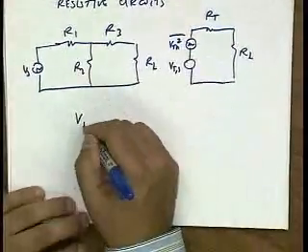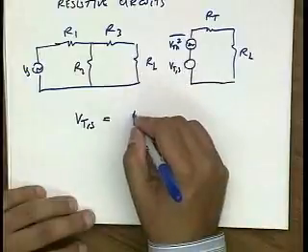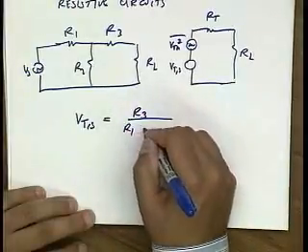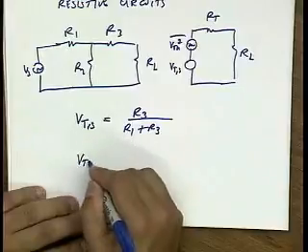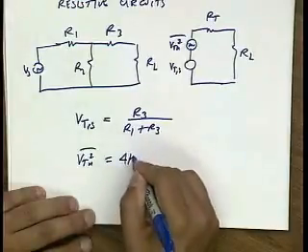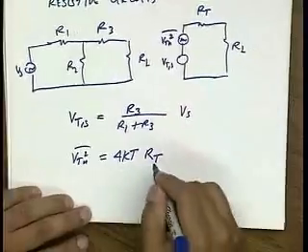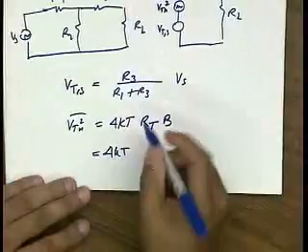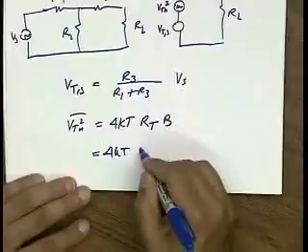Now from circuit theory, of course, the Thevenin equivalent is equal to R3 divided by R1 plus R3, right? And the Thevenin equivalent noise is just 4kT R Thevenin times the bandwidth B. So the Thevenin equivalent resistance, looking back here, is R3 in series with R1 in parallel with R2.